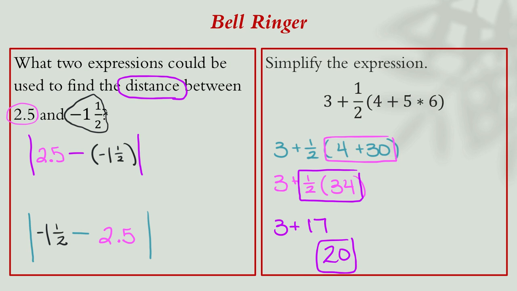We are going to press 3 plus, now to put our fraction in, we're going to do 1 ABC 2, open parentheses. The open parentheses is above the 8. Okay, 4 plus 5 times 6, close parentheses, and press enter. And you get your answer.